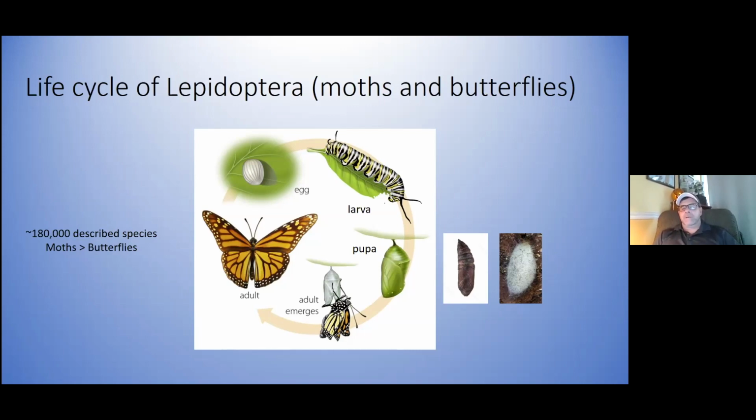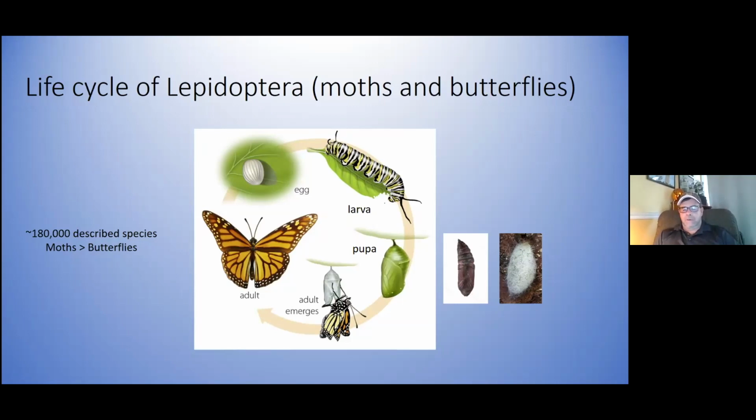But for most moths, they come in 2 flavors, which you can see to the right. They're either a naked pupa, much like the chrysalis, which we just call a pupa or puparium, or sometimes that pupa is enclosed within a cocoon. The one on the far right is a pupa inside of its cocoon. And then of course the adult butterfly or moth emerges from that stage. So those are the 4 basic stages.